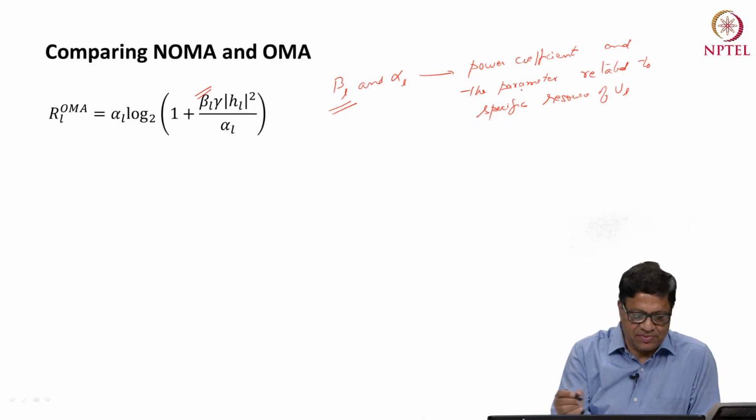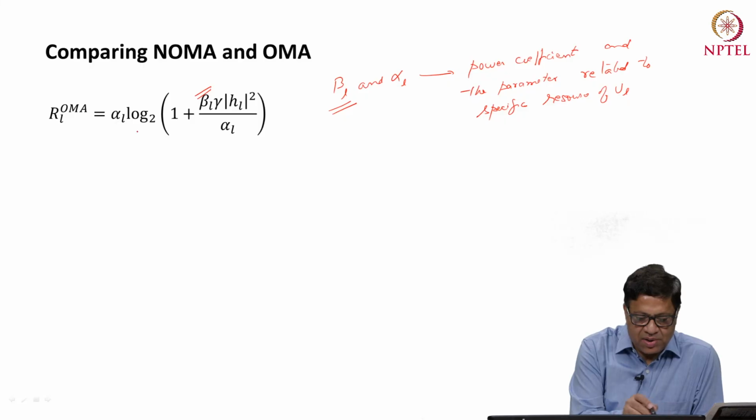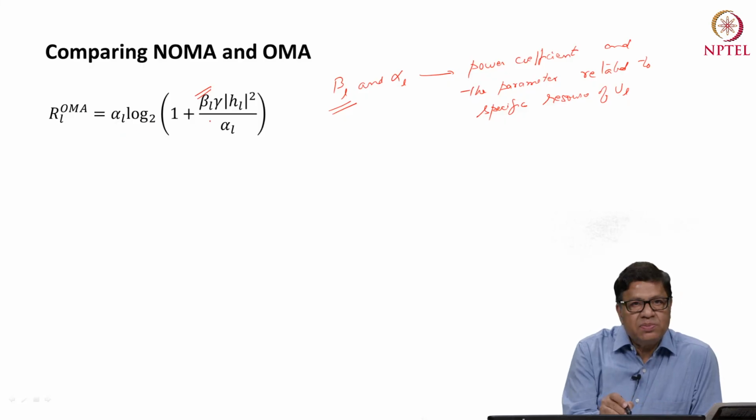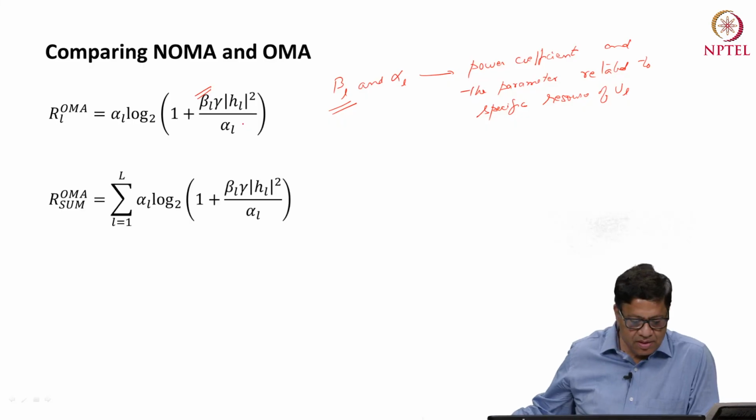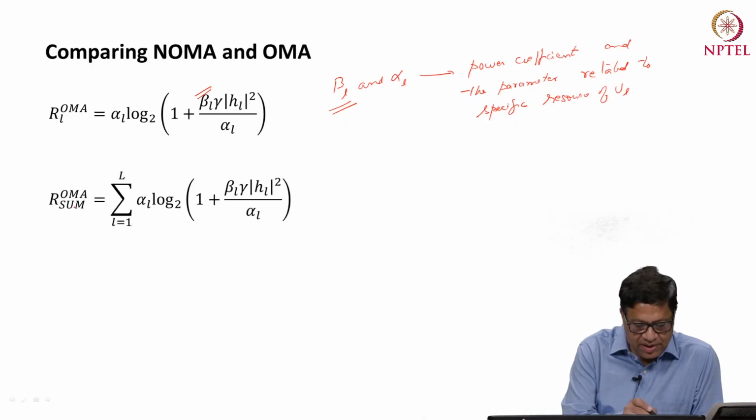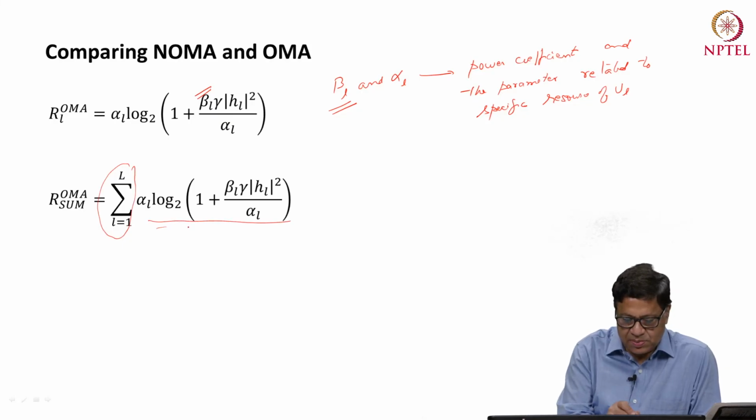It could be frequency, for example. So RL OMA is given by alpha L log 2 of 1 plus beta L gamma mod HL square divided by alpha L. So R OMA sum rate will be the sum over all the users of the same expression.